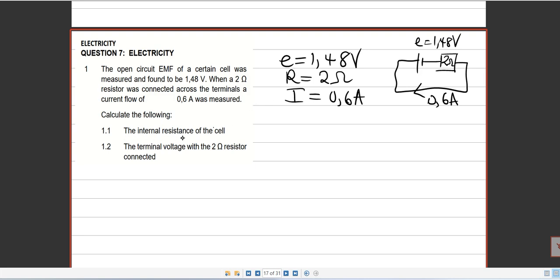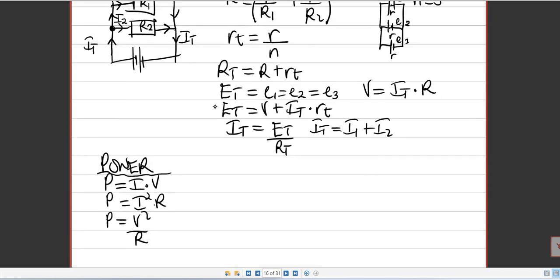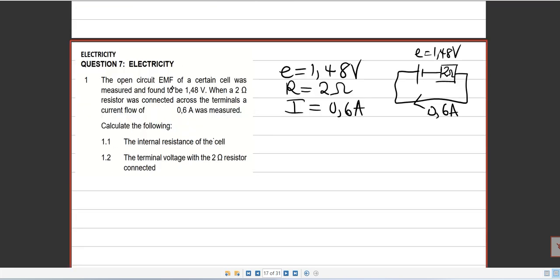The question says calculate the internal resistance of the cell. In this case, if there's any formula more relevant from our formulas, it is the one for EMF. I'll use small letters considering that we're working within a cell, though you can still use the capital letters.